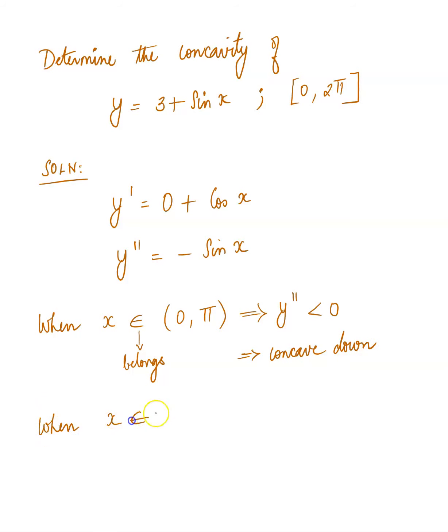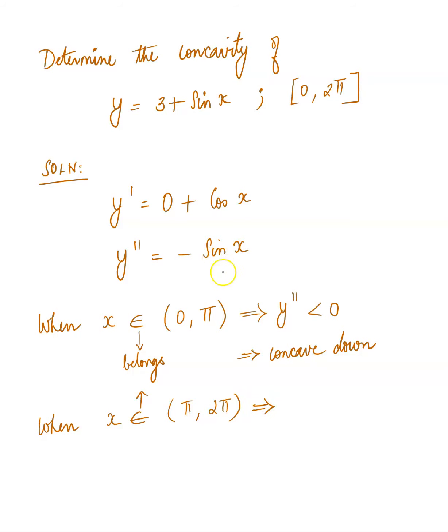And when x belongs to this interval, pi to 2 pi, okay, now this time it's 3.14 to 6.28, so choose a value in between. Say you can choose 5 maybe, and then see what that'll give us. Remember there's a minus here, right?